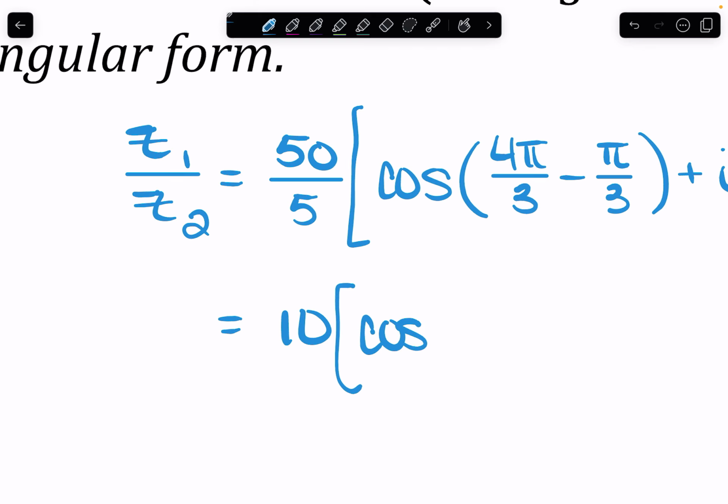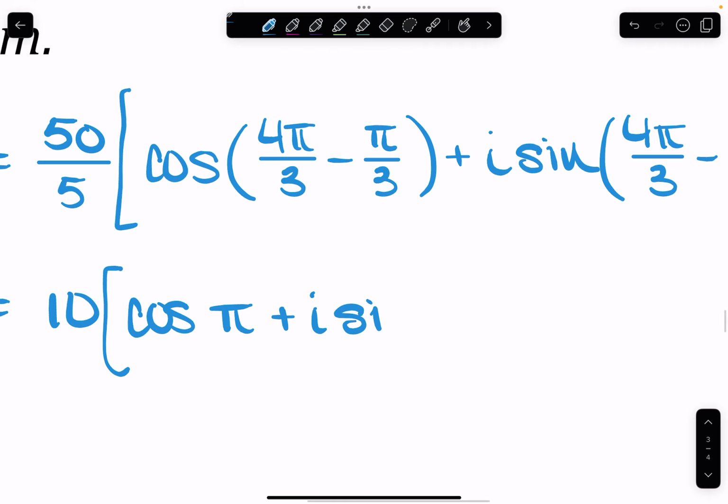Cosine 4 minus 1 is 3. 3 pi over 3 is pi, plus i sine pi.